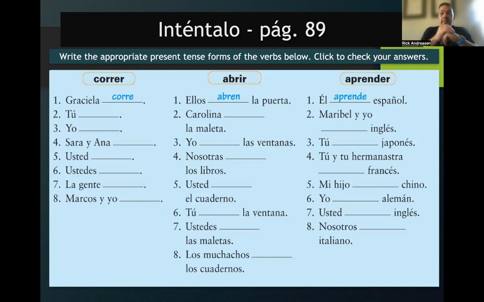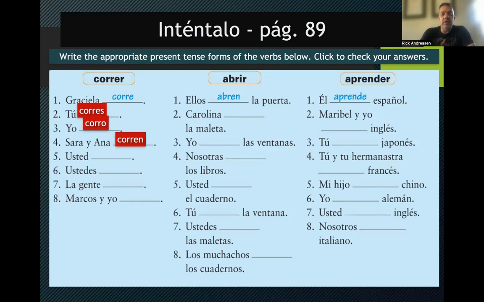Ok, así que primero tenemos el verbo correr. Ahí está la respuesta número 1, Graciela corre. Clase, repitan, Graciela corre. Número 2, tú corres. Clase, repitan, tú corres. Número 3, yo corro. Clase, yo corro. Número 4, Sara y Ana corren. That's an ellas form, right?